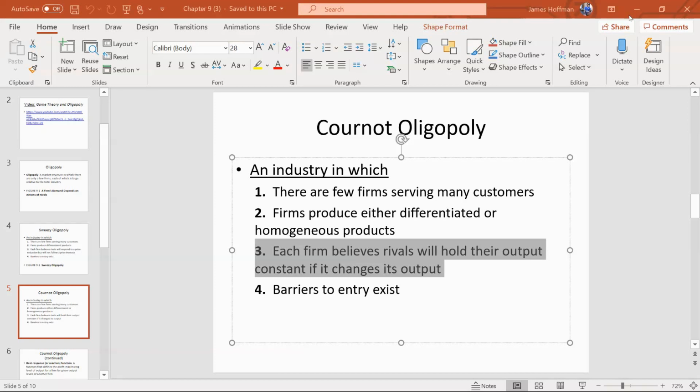And so barriers to entry exist, which means it's very hard for another market to jump in and compete with these two. And so I think the PlayStation and the Xbox have been very big competitors for almost 20 years now, and so it's very difficult for another company or type of product to come in and replace or compete with these two.